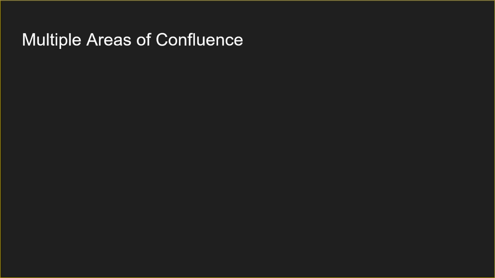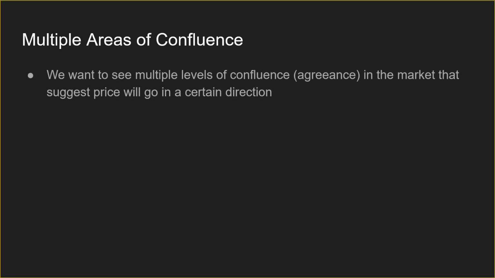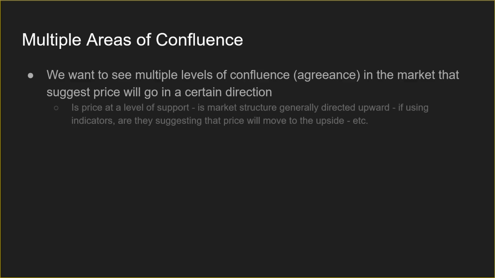Within that, we also want to look for multiple areas of confluence. We want to see multiple levels of confluence or agreements in the market that suggests price will go in a certain direction. One thing we might want to consider is if price is at a level of support. Now, within that, is price at a level of support? Is price or general market structure directed upwards?